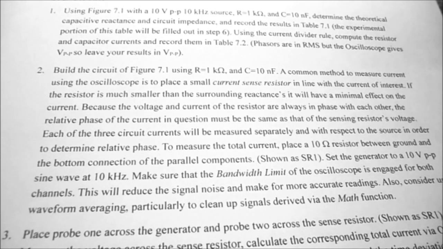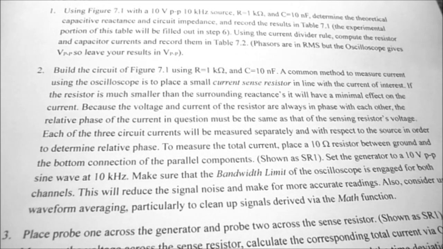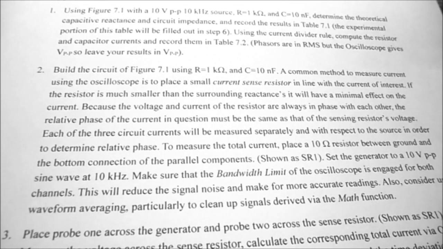That is, to put it in series with our main components. If the resistor is much smaller than the surrounding resistance, it will have a minimal effect on the current. Because the voltage and current of the resistor are always in phase with each other, the relative phase of the current in question must be the same as that of the sensing resistor's voltage.